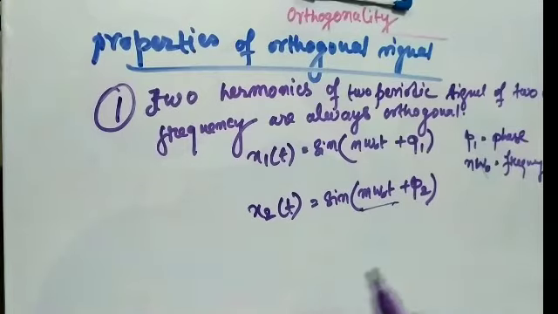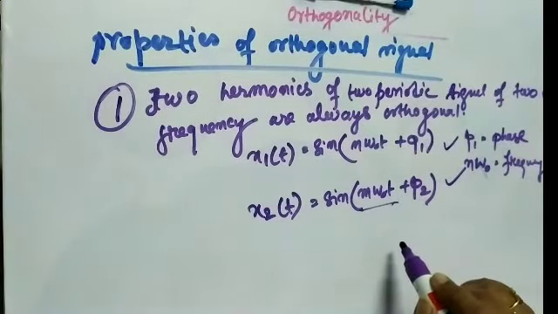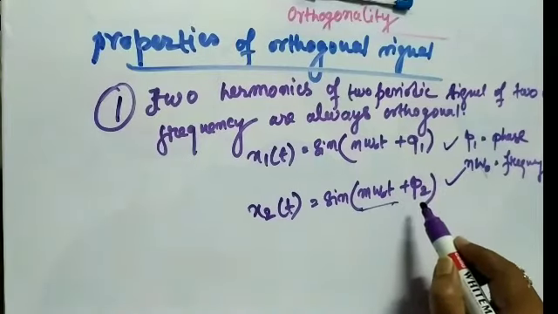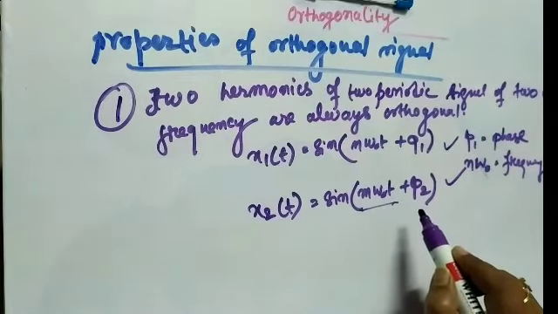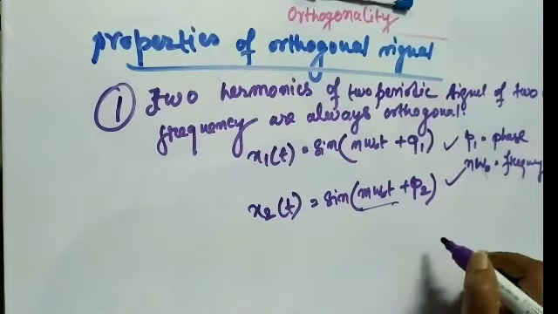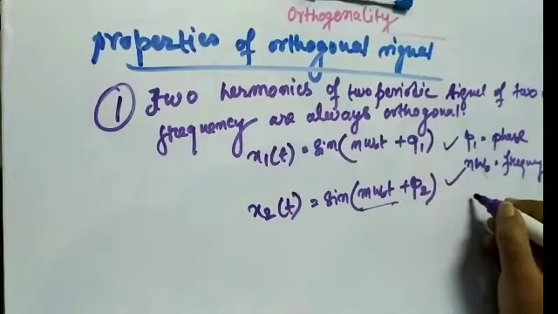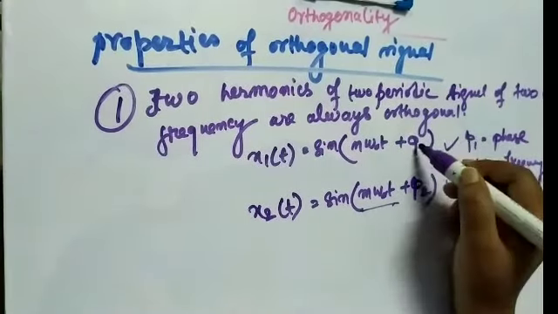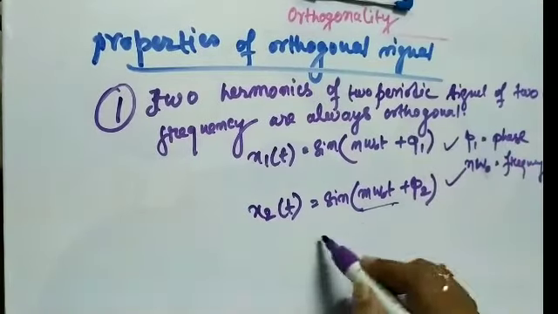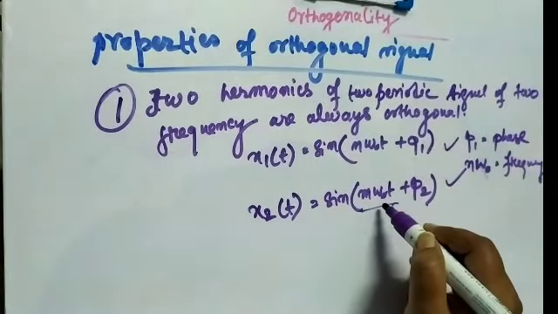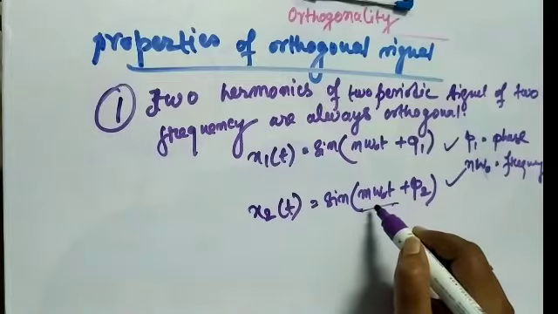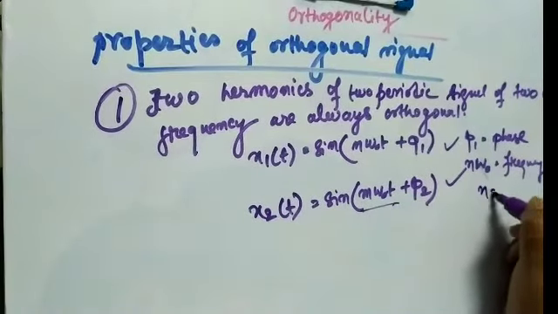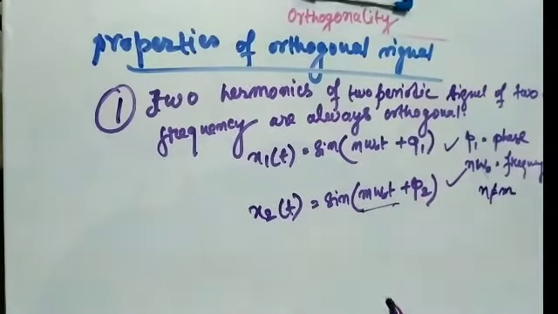If we compare these two signals, we can say the phases, φ1 and φ2, are different. Also, the frequency of the signals is different: in the first case it is n ω0, and in the second case the frequency will be m ω0, and always n is not equal to m.